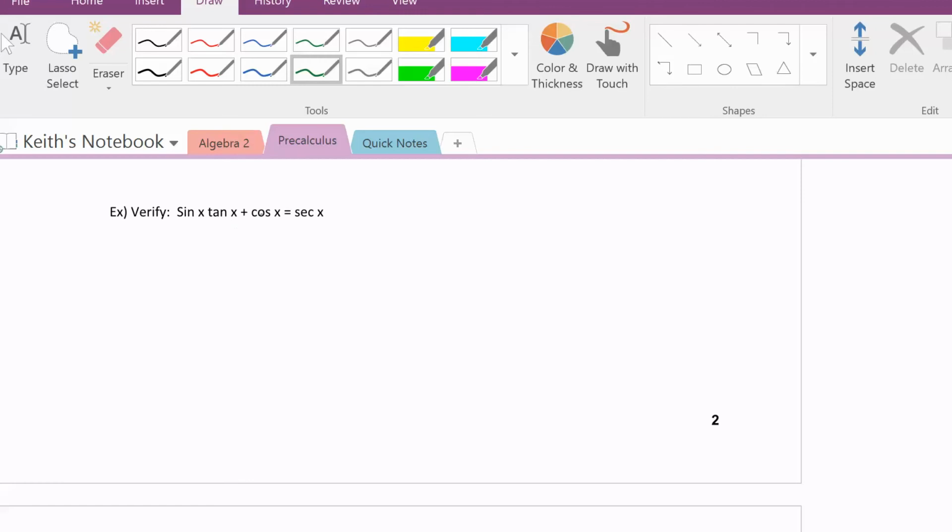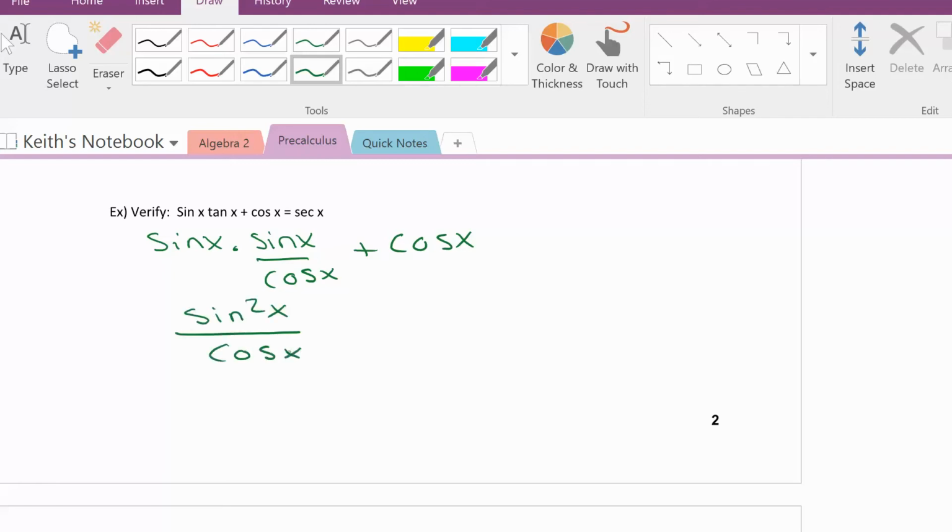Doing the same thing here, the left is more complicated. Well, tangent becomes sine over cosine. Well, sine times sine is sine squared. And remember, to add fractions, we get a common denominator. So you would have to multiply this by cosine.